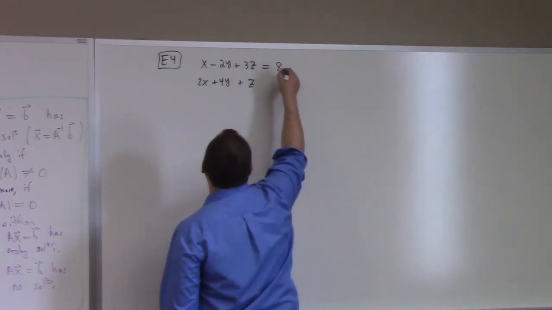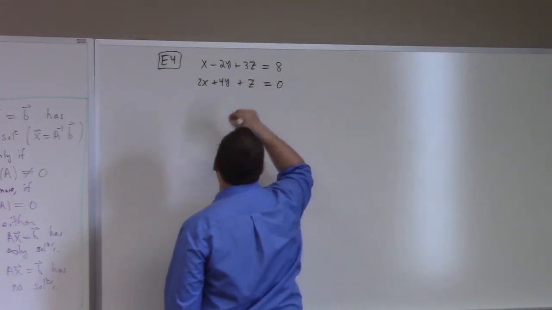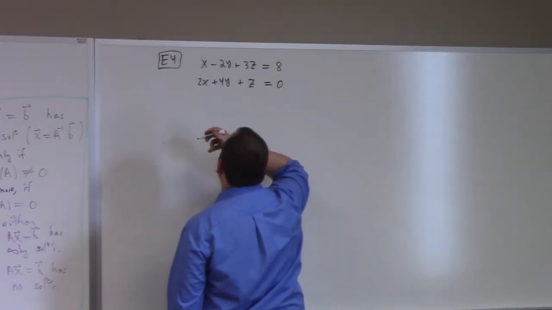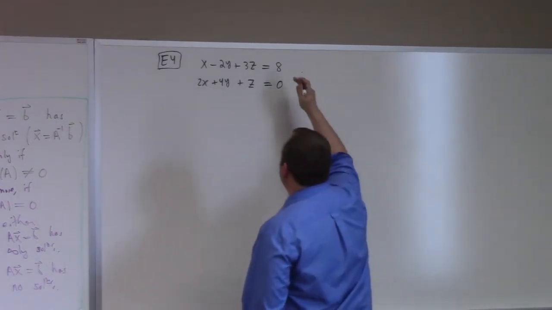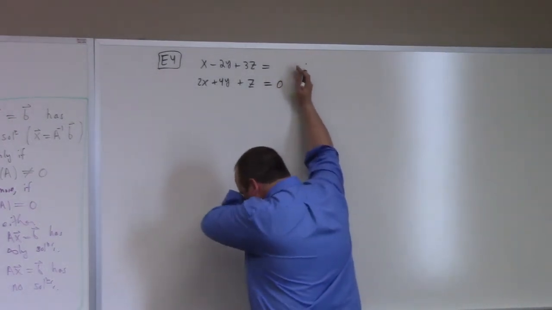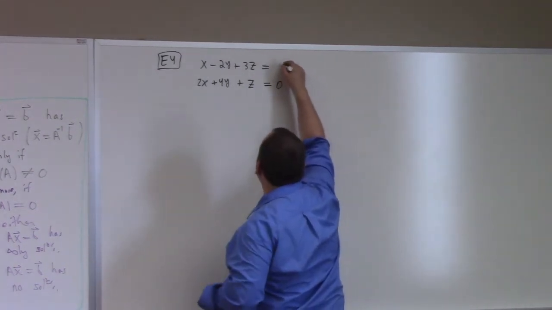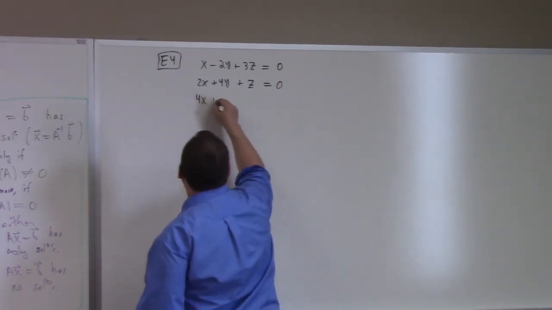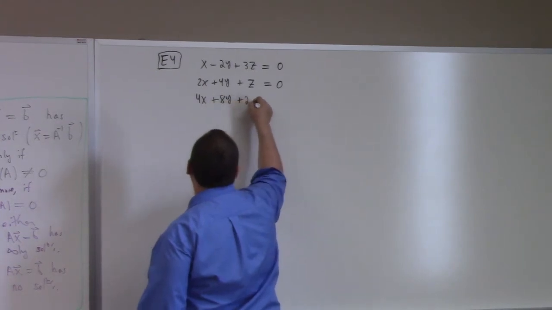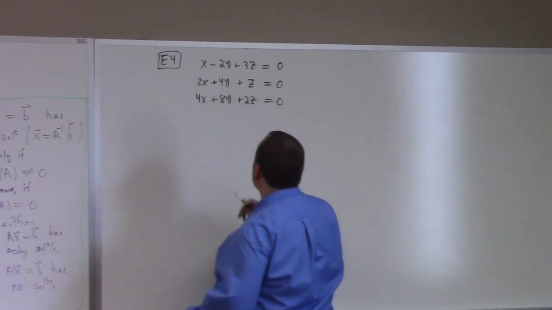Idiot, that's me, not you guys, equals 0. Excuse me, let me make that 8 a 0. Sorry about that. 4x plus 8y plus 2z equals 0.